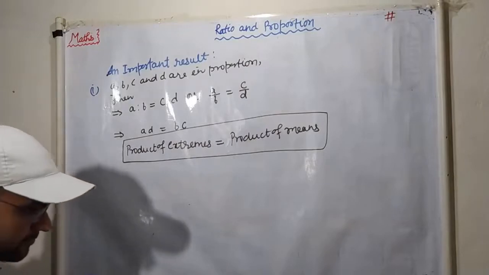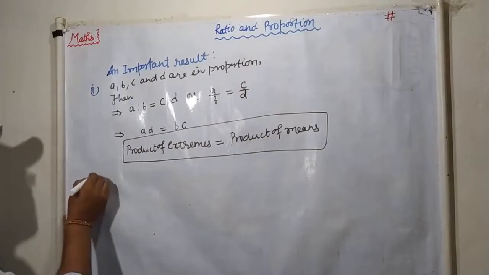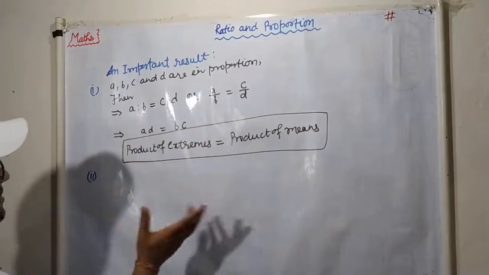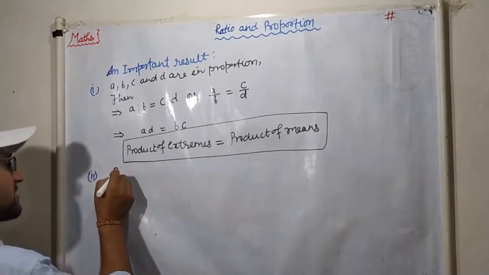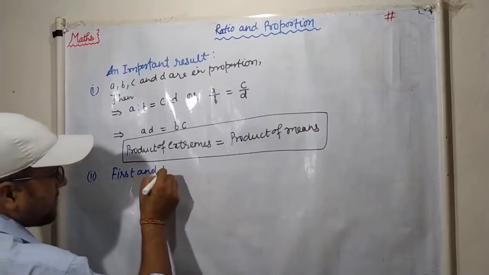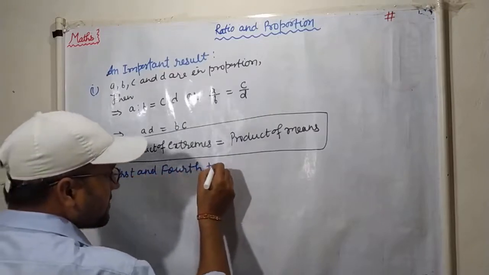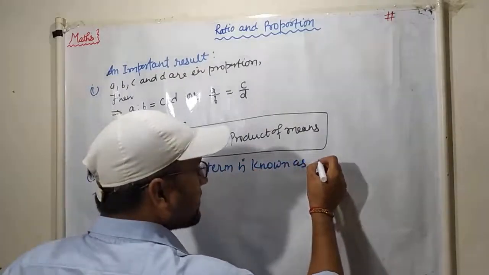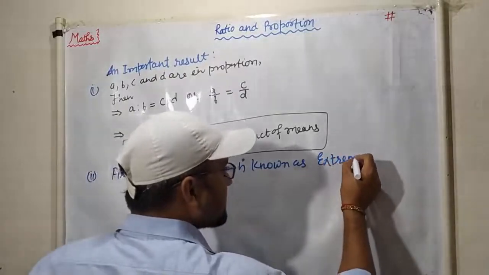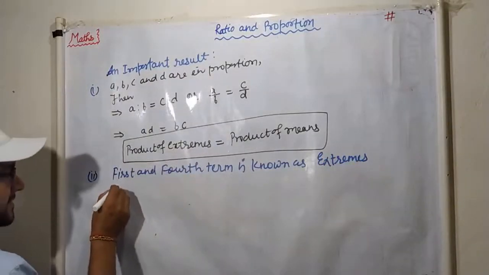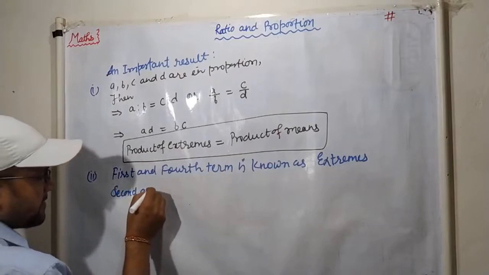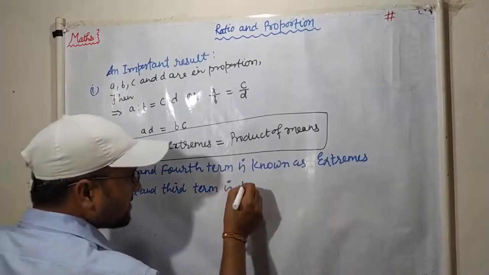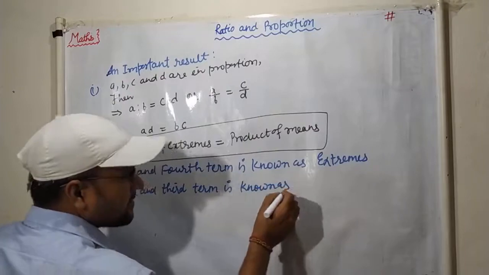Now the second point, okay students. You know that the first and fourth terms are known as extremes, and the second and third terms are known as means.